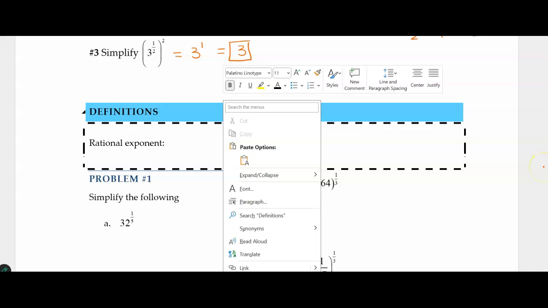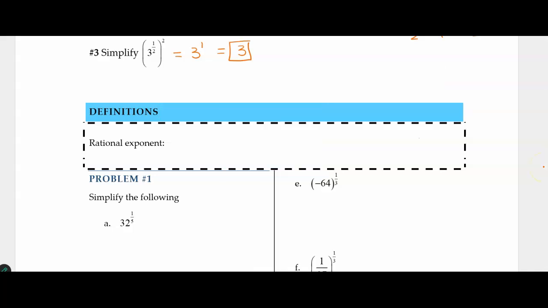All right, so a rational exponent. Let's just put a little definition here. I kind of said it in words before, but let's just put it down to make sure you remember, right? A rational exponent is an exponent that can be written as a fraction.